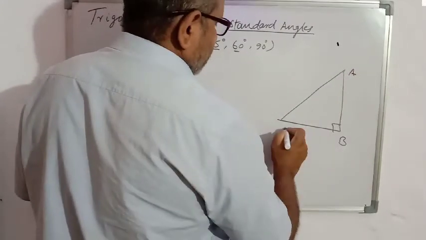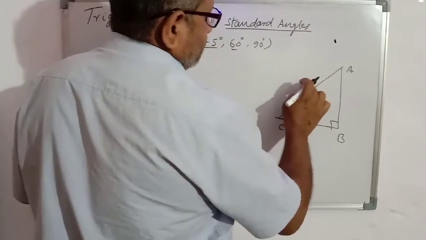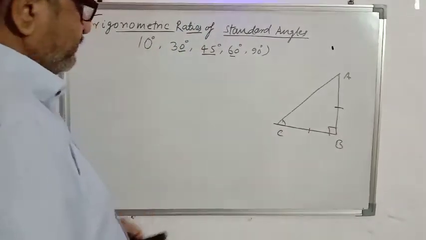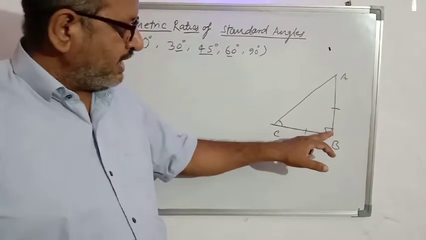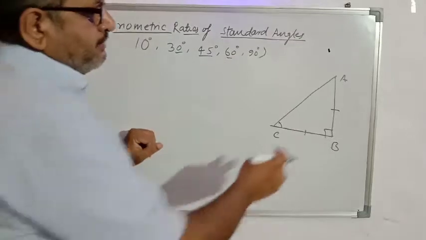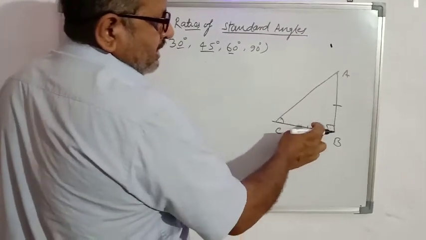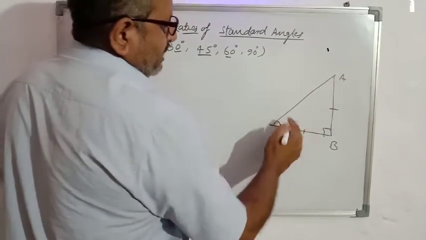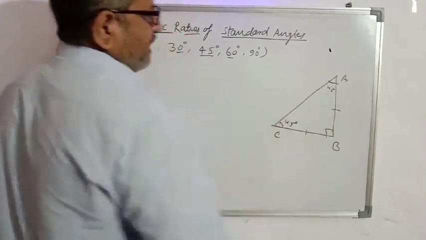Angle B is 90 degree, and its opposite side is the hypotenuse. These two sides are equal. We know that if two sides are equal, their opposite angles are also equal. So one angle is 90 degree, and the remaining two angles are equal. It will be 45 degree, and this is also 45 degree.